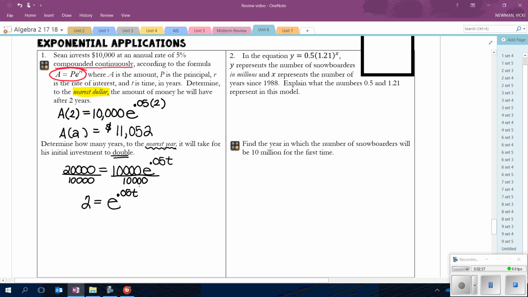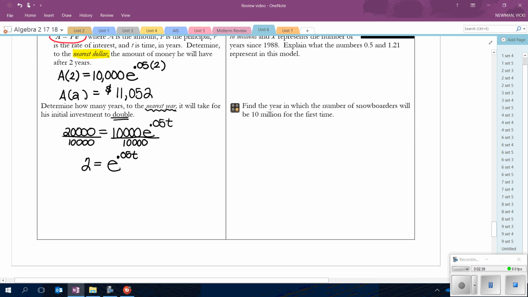So now we can log. I want to get the exponent down, so I change it to a log. Log base e is ln, so ln of 2 is equal to 0.05t. To solve for t, we've got to divide by 0.05.